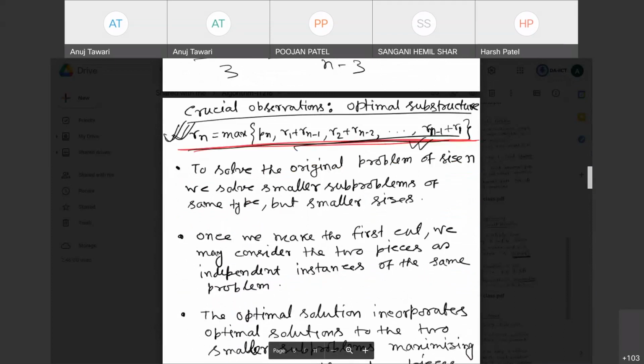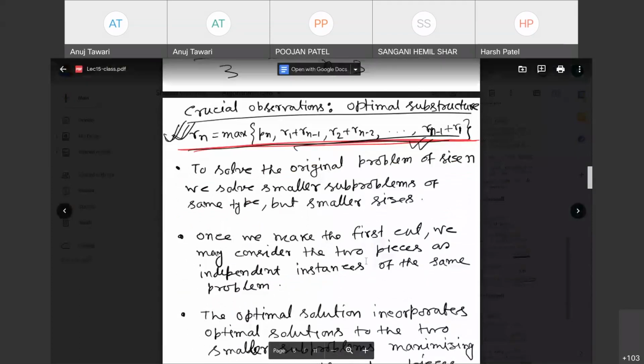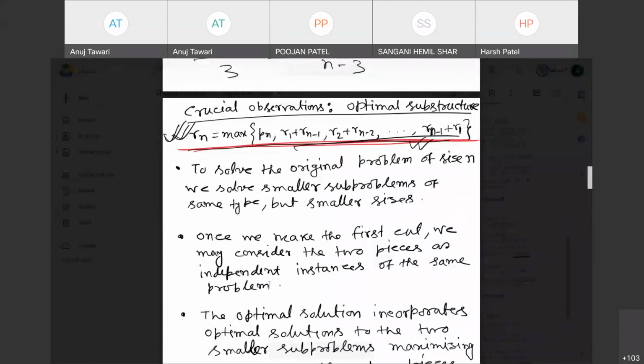And once we make the first cut, again we consider those two pieces as independent instances of the same problem. That's what we generally do: if the initial problem is hard to see, consider some special cases and try to use the solution of those special cases to solve the entire problem.